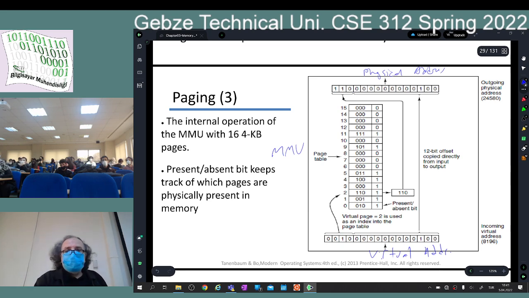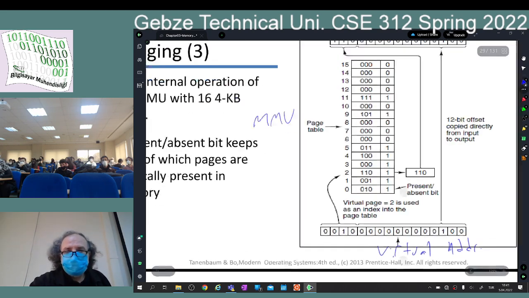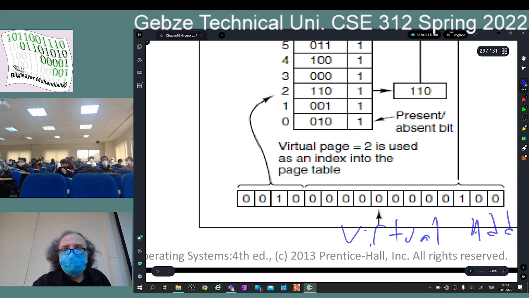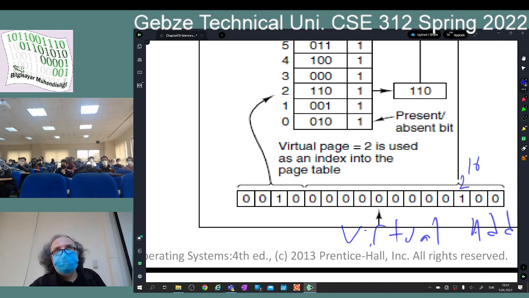Okay, so I got this. This is my 16-bit virtual address. So my virtual address space is 2 to the 16. This says that I need to find which virtual page contains this address.